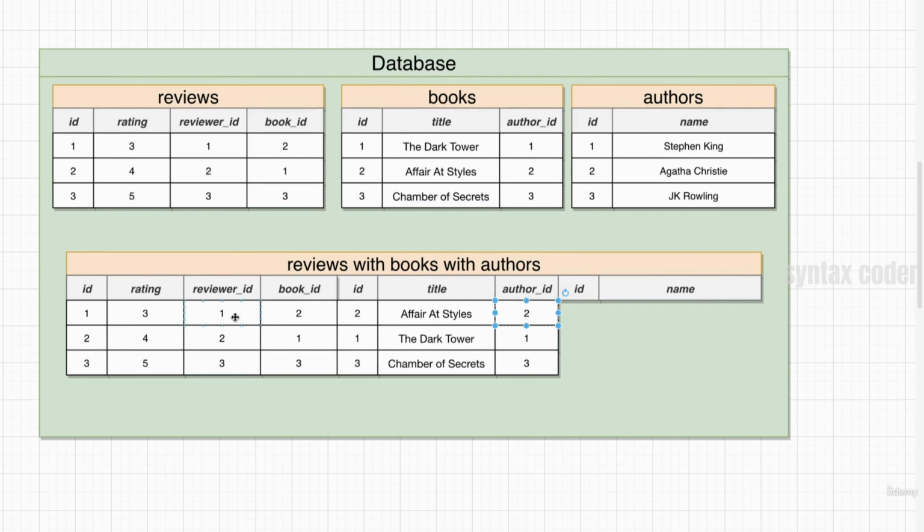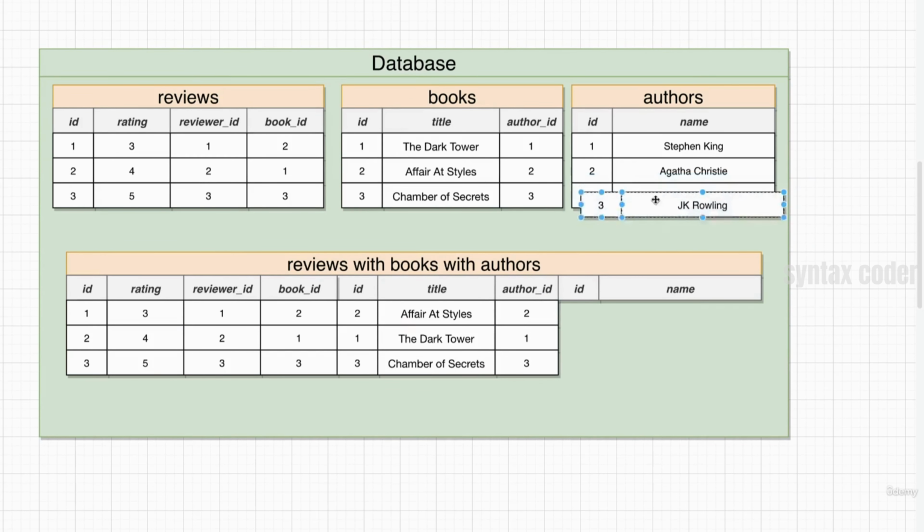So in other words, we want to do a comparison between reviewer ID and author ID and ID. In this case, there is no author who has an ID of 1 and simultaneously an ID of 2. There's no author in this table who has an ID of 1 and 2 at the same time. It just doesn't exist.